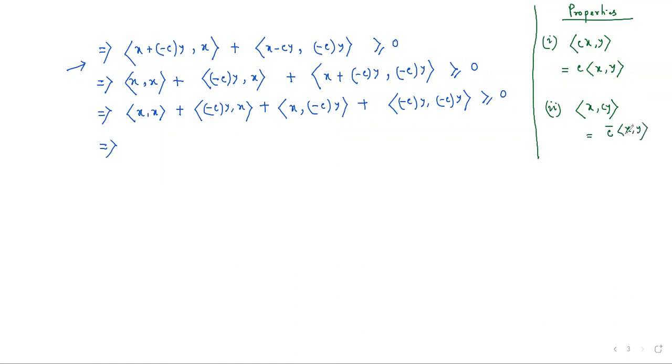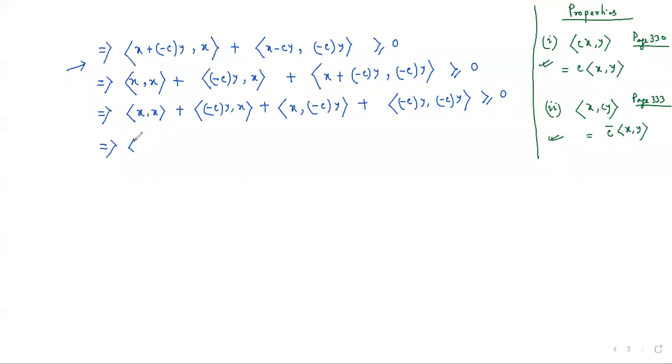Those who are interested in knowing with respect to the book that I have provided you, I am referring to page number 330 for this property and page number 333 for this property. This property is from the definition of the inner product. This property comes from theorem 6.1. We are going to implement the two properties over here.